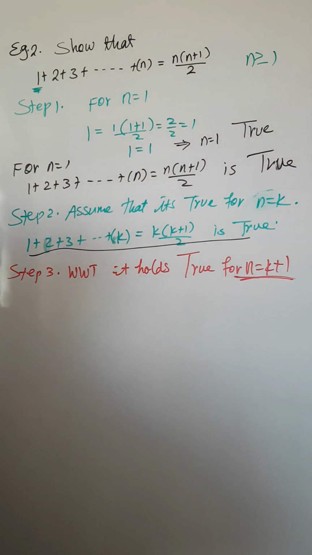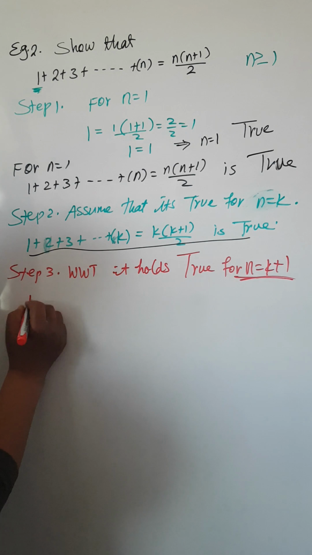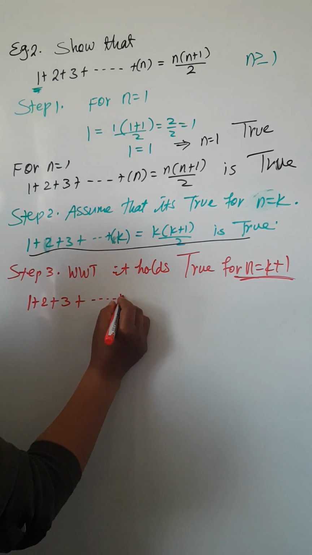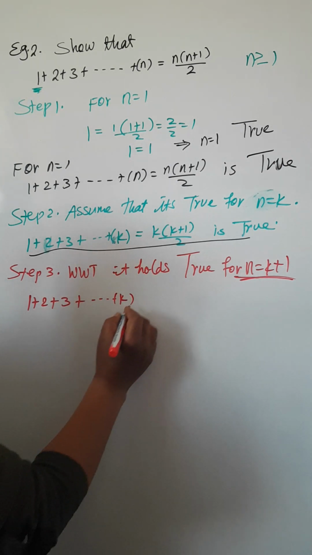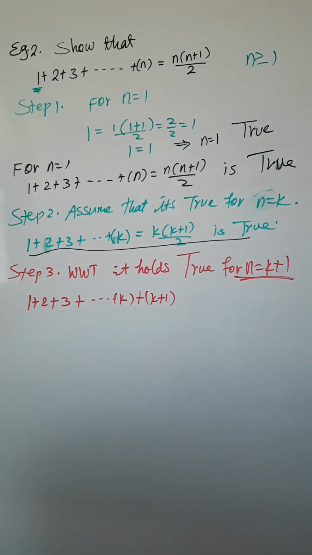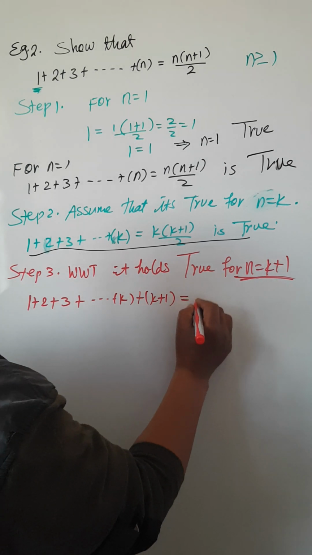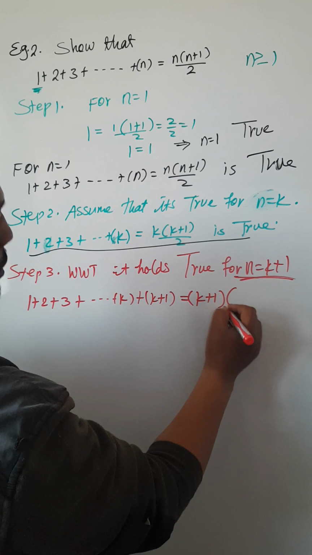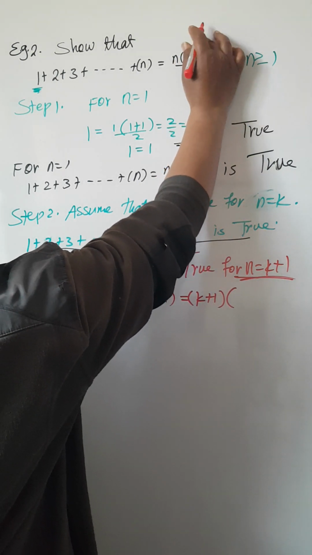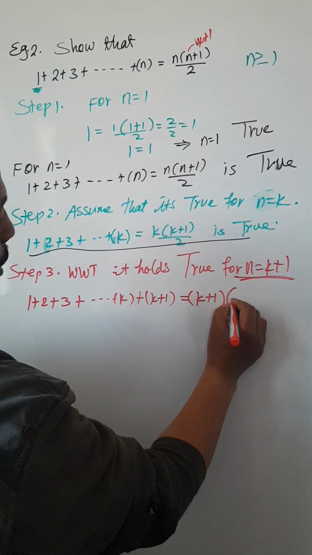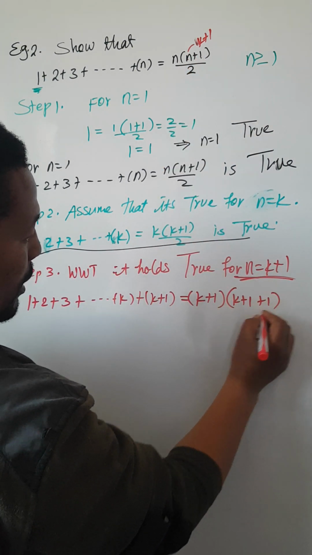Then here the series is 1 plus 2 plus 3 plus up to k, this is the nth term, plus again k plus 1, because n ends at k plus 1. So it is equal to k plus 1 times, now if n is k plus 1, k plus 1 plus 1 is k plus 2, over 2.